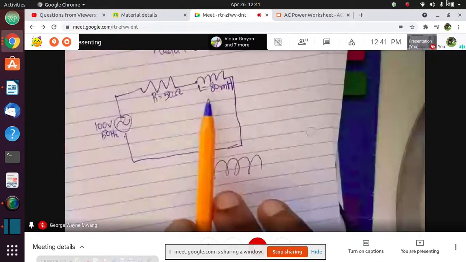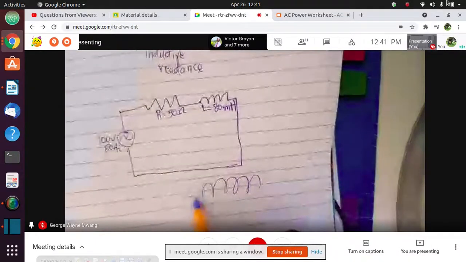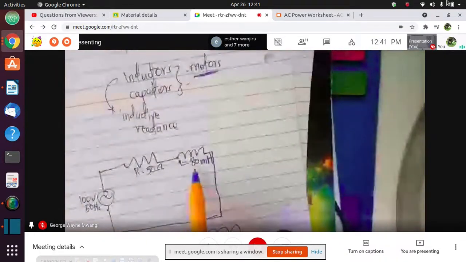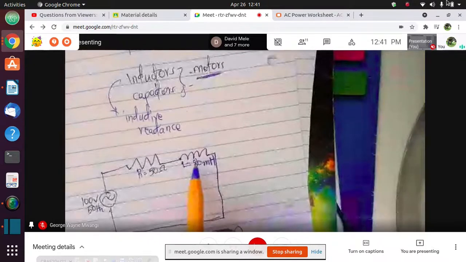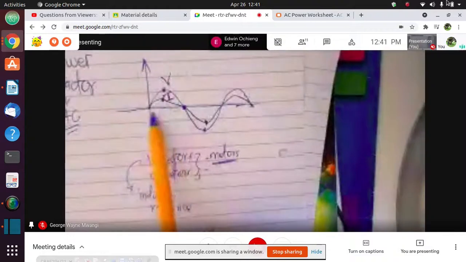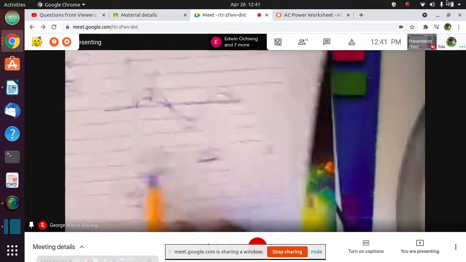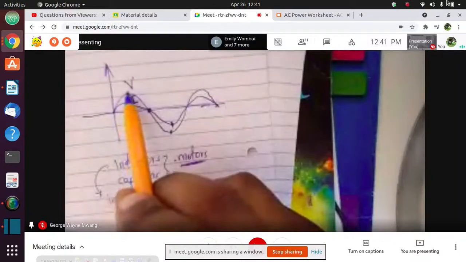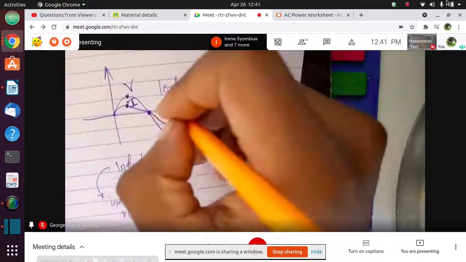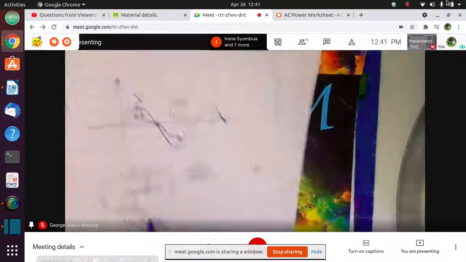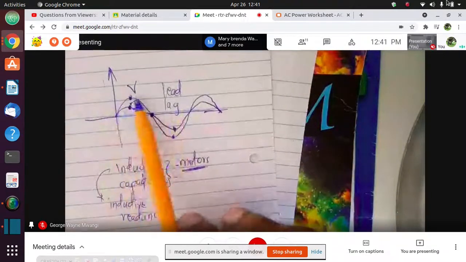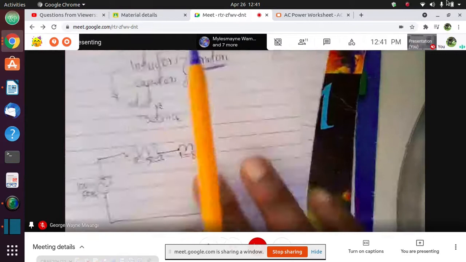Now when you pass AC current through a motor, you'll find that the property of inductance or capacitance in a motor will make the current and the voltage of that AC source lose their phase. The voltage can lead, as we mentioned last time, or lag the current. In this waveform, the current is produced before or after the voltage. And we have seen that in terms of a phasor diagram.